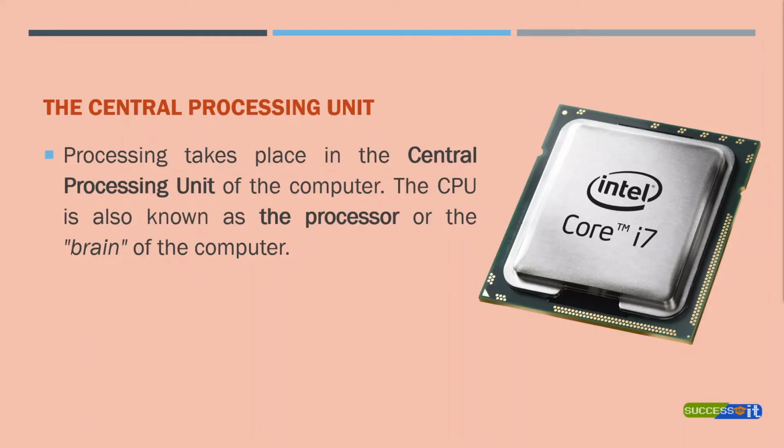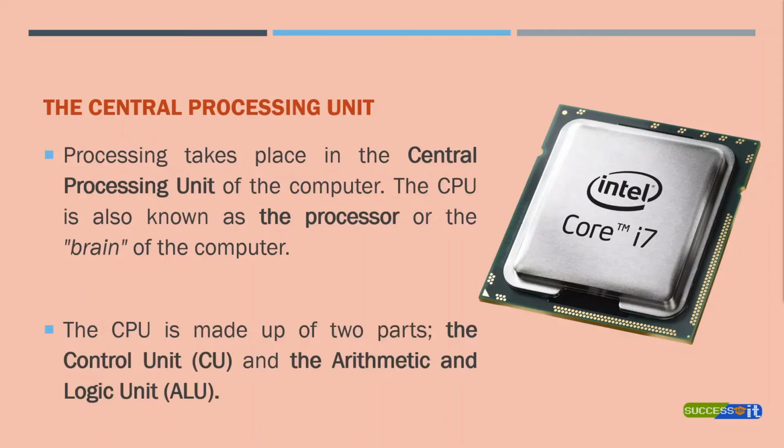The CPU is also known as the processor or the brain of the computer. It takes the raw data and, following the instructions of the programs, converts it into information. The CPU is made up of two parts, the control unit, or CU, and the arithmetic and logic unit.